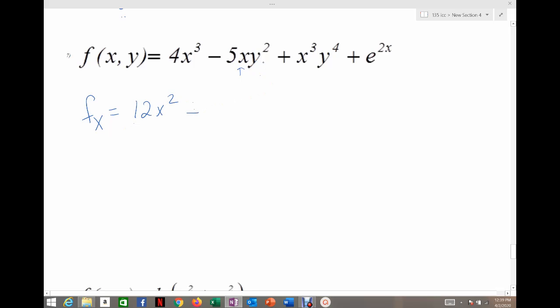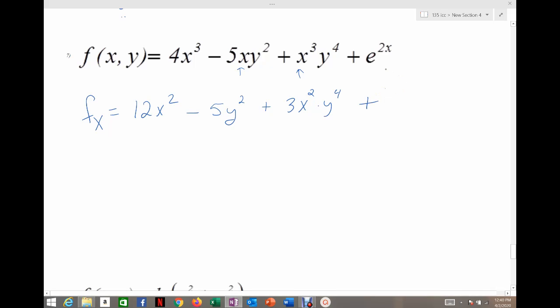The 5 and the y squared are constant multipliers, they come along, so 5y squared comes along. Derivative of just x is 1. Then taking the derivative of the x cubed part, the derivative of x cubed is 3x squared. The y to the fourth comes along, and if you had written that the other way around, that's fine. You could have written y to the fourth times 3x squared. Perfectly fine to do that.